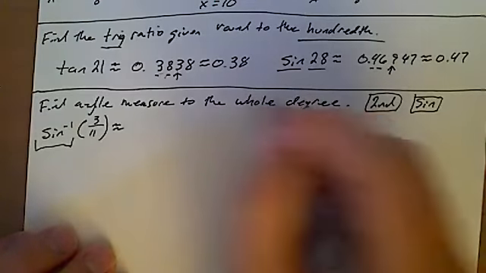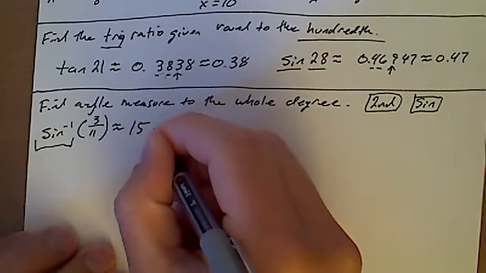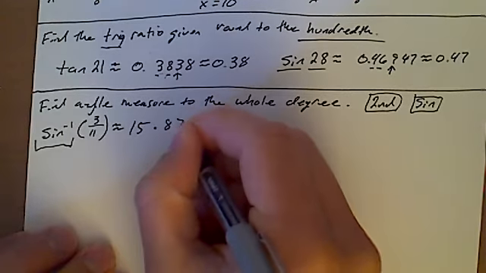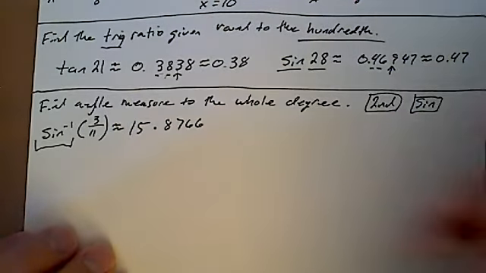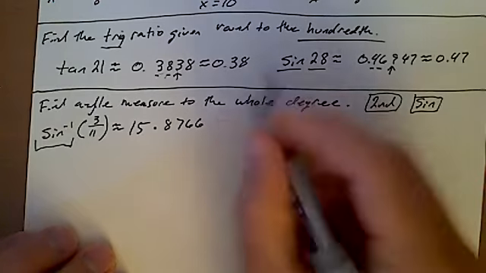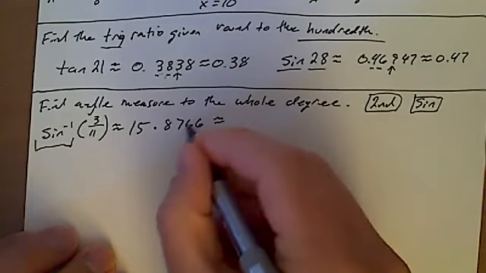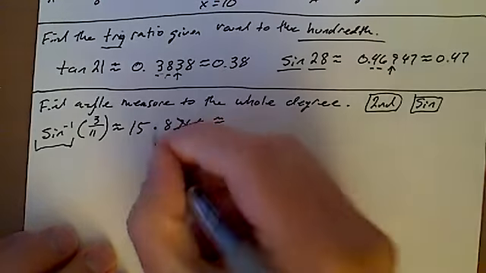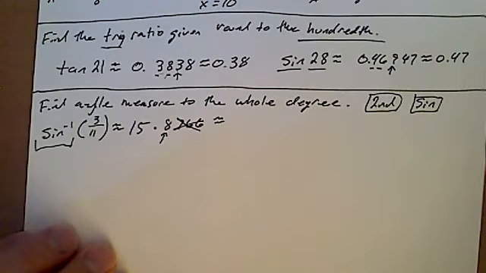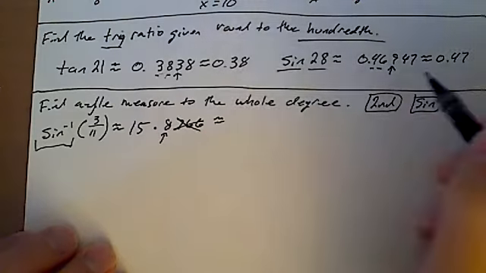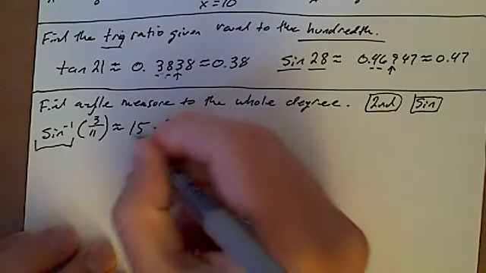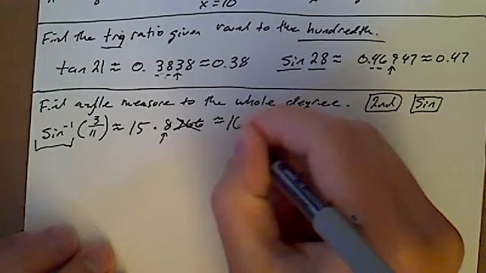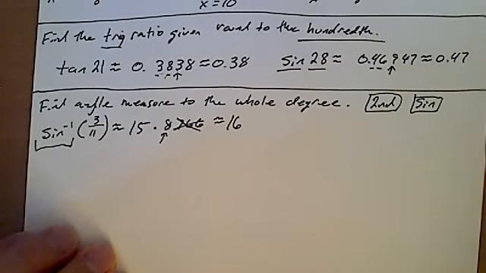You get out 15.8766. We are going to the whole degree, so we don't care about these three numbers at all. No matter what they are, we don't care what they are. We care about the one right after the decimal point, which is an 8. An 8 is bigger than 5, and so it's going to round up our whole number from 15 to 16.